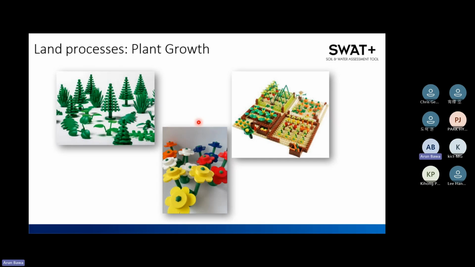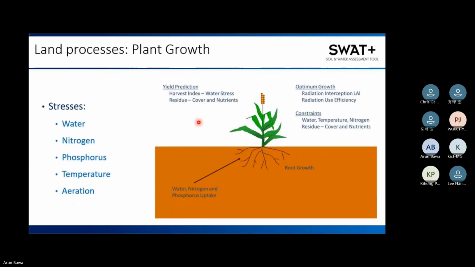So you can control the entire plant growth by yourself, based on your local conditions. So how does SWAT grow the plant? As I mentioned, we have this database. In that database, I know for my corn, if I give it optimal conditions, it knows how much solar radiation is reaching me based on your climate data.